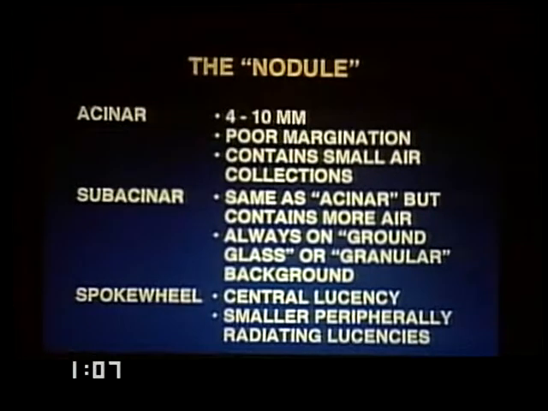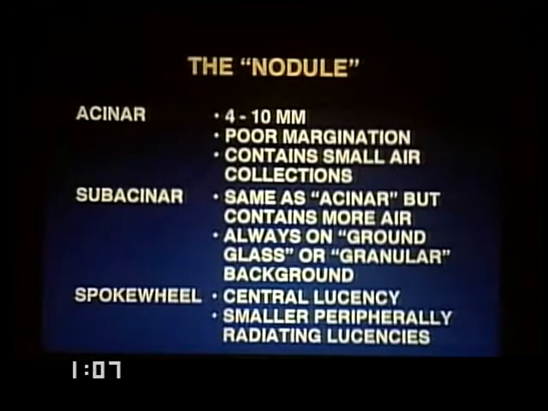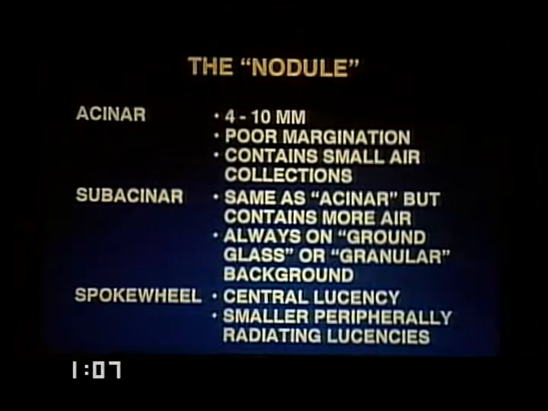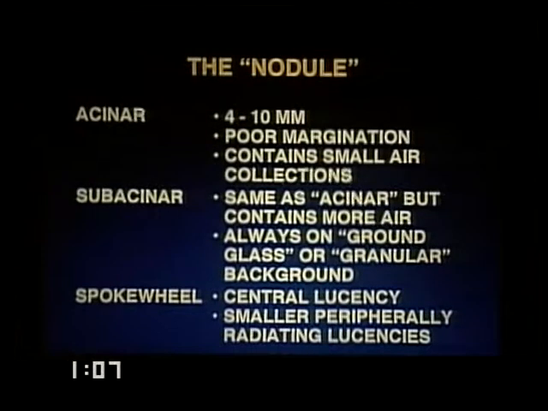The basic nodule has various subclassifications, and it's not necessary to get into the details of these, and I illustrate them just for completeness' sake. They have been defined as being acinar, of 4 to 10 millimeters, poorly marginated, containing air collections, subacinar, a little less disease in the acinus, and spoke wheel with these various definitions.